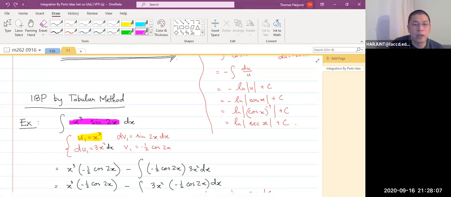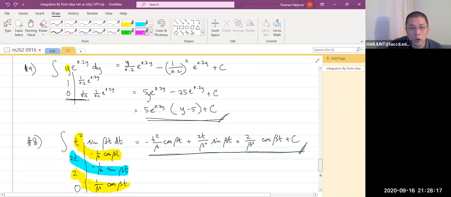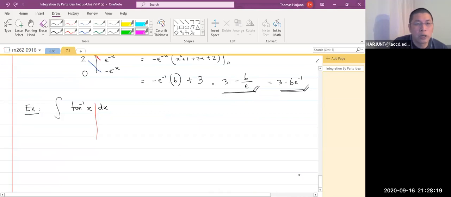So what if that's the case, Thomas? In other words, at times we may not be able to get down to 0. For example, on the left-hand side here, I take the derivative and I get 1 over 1 plus x squared. The integral here is x.